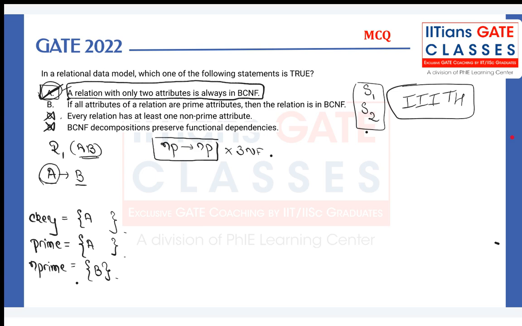If all the attributes of a relation are prime attributes, then the relation is in BCNF. Let's prove this wrong.